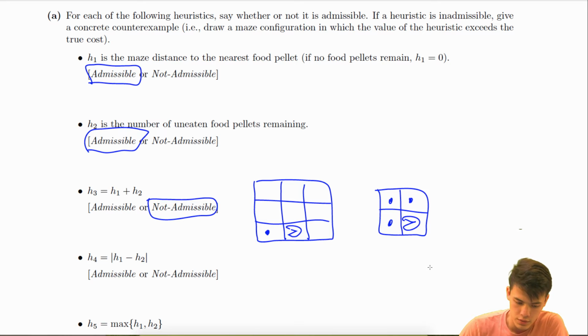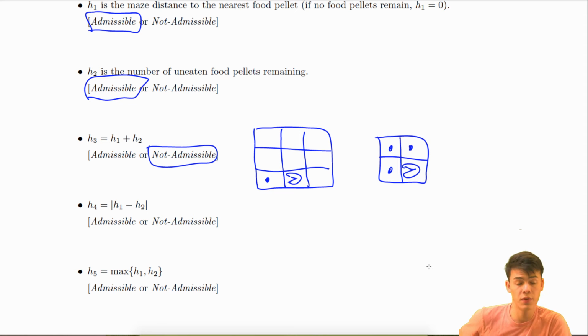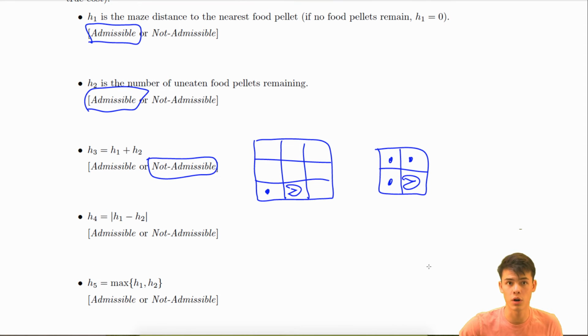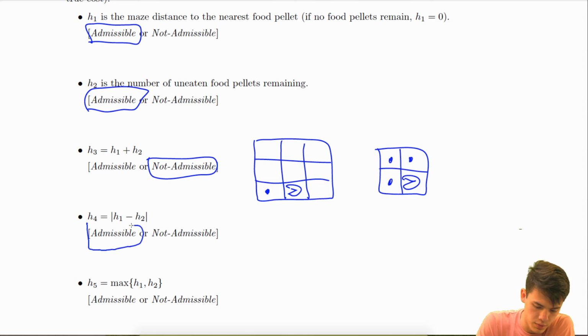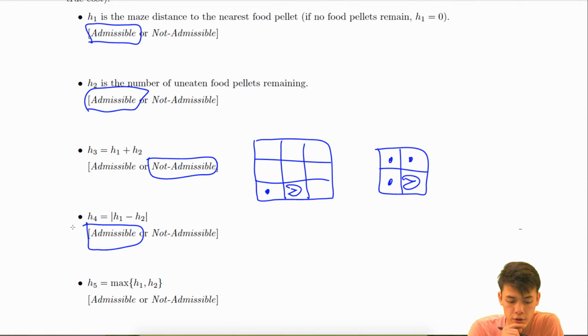All right, moving on to H4, which is the absolute value of the difference between H1 and H2, where H1 and H2 are admissible. In general, if H1 and H2 are admissible, then this is also going to be admissible. The reason for that is that admissible heuristics are non-negative. So if you take the difference and then take the absolute value, that is going to be at most the larger of the two.